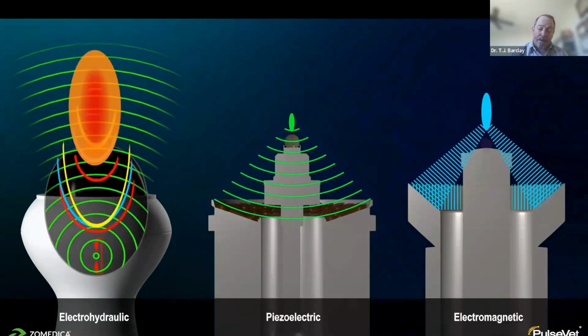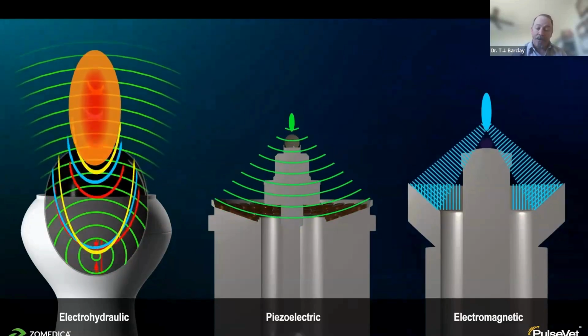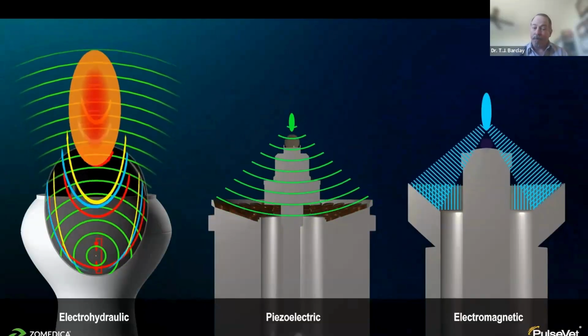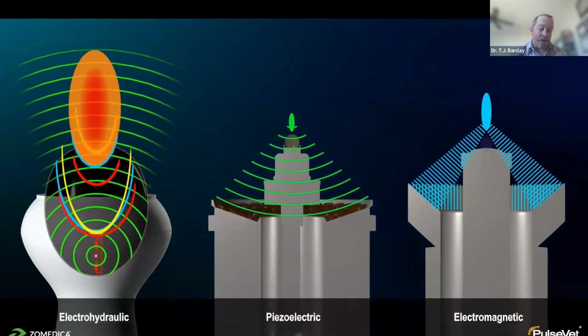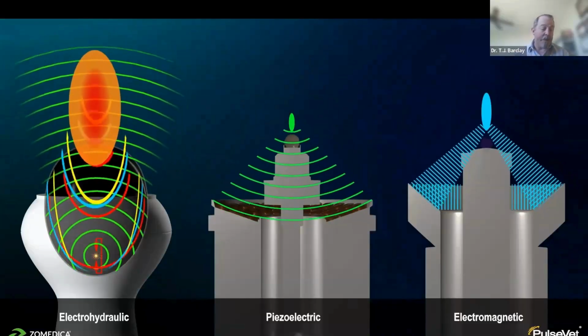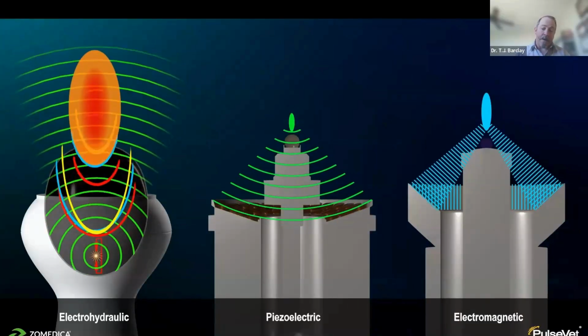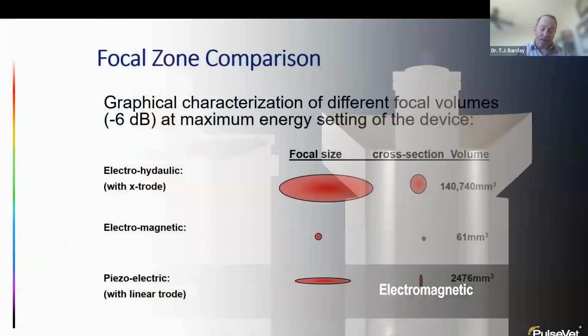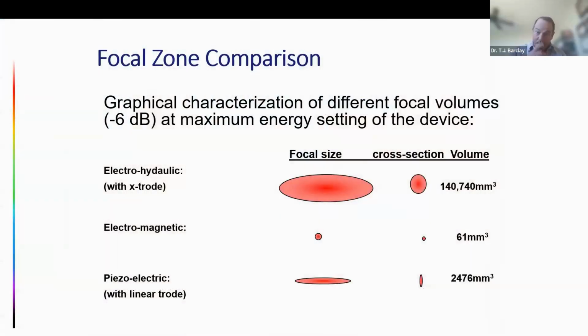So the volume of tissue that is being subjected to true shock waves is much smaller in comparison to that produced by the electrohydraulic method, which has a very large focal zone, and that's depicted here. And you can see the respective volumes of the focal zone with those types of generation.